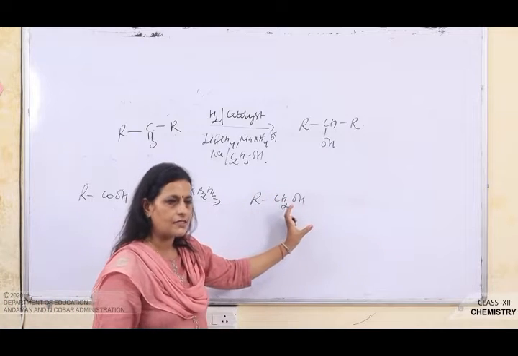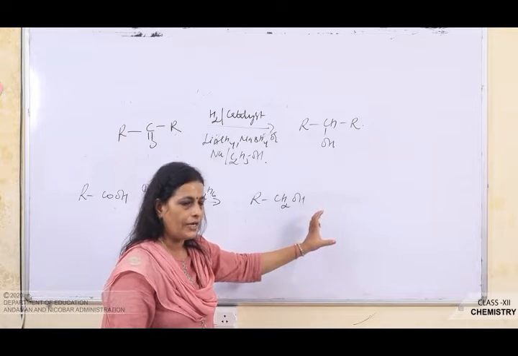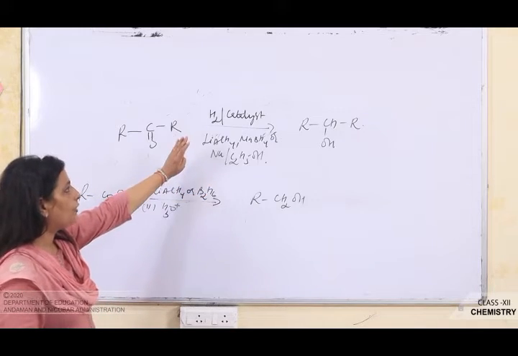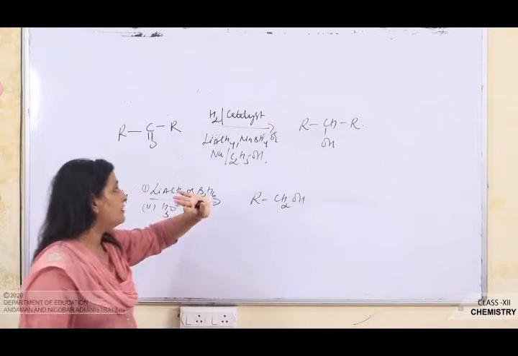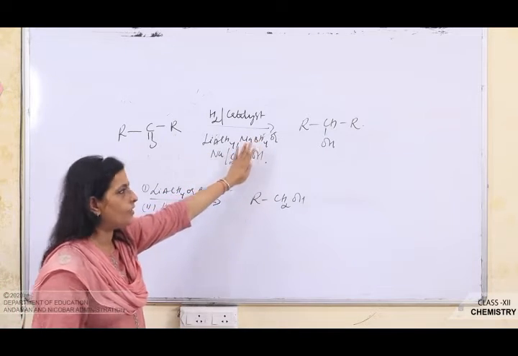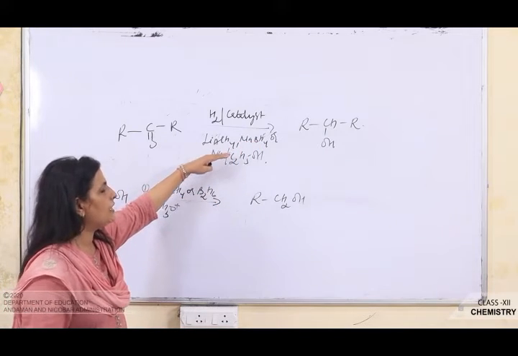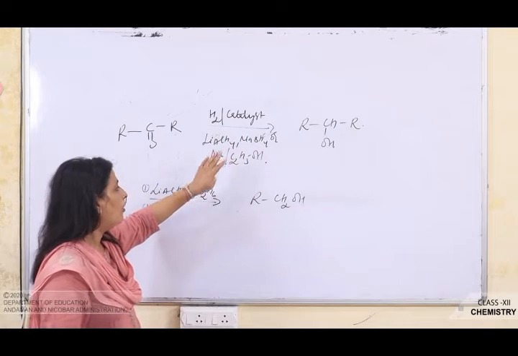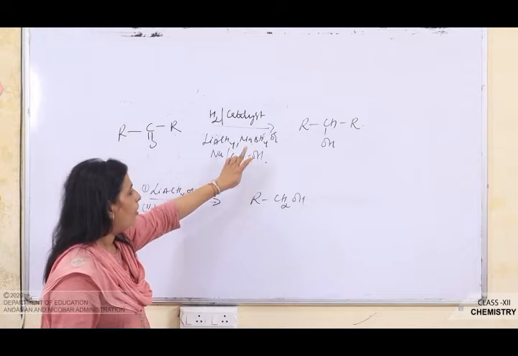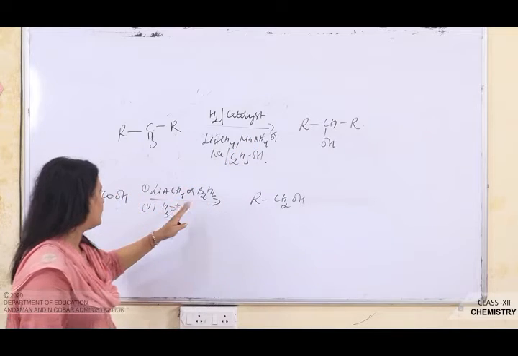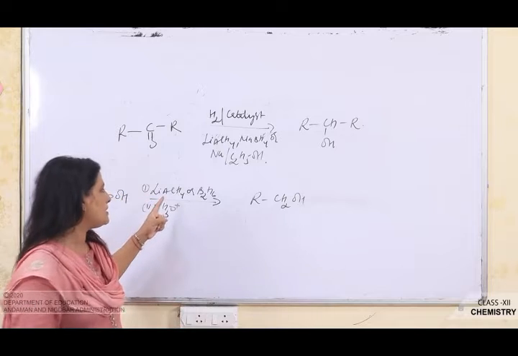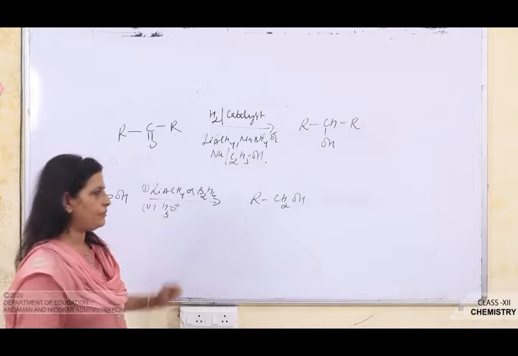So a carboxylic acid is also converted into what? Primary alcohol, but you can use only what? Lithium aluminum hydride or diborane. You can't use hydrogen in presence of a catalyst, or sodium borohydride, or sodium in presence of ethanol. So these will not reduce a carboxylic acid. Is it clear? The only reagent is lithium aluminum hydride or diborane.